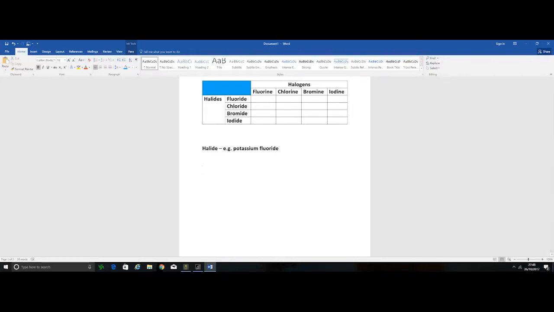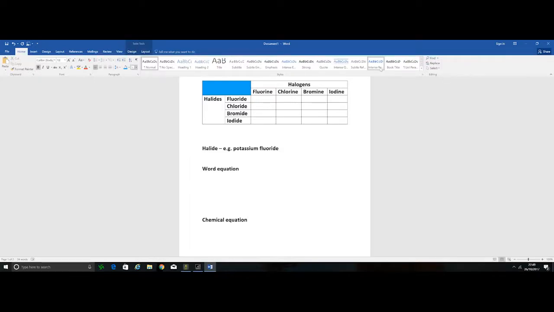So write, yes, there will be a reaction, or no, there will not be a reaction. Don't just do a tick or a cross, because that won't make sense to you, especially when you're revising. The next task is to write the word equation for each one, and then the chemical equation for each one. Pause the video, see if you can do that, and then we'll go through it together.